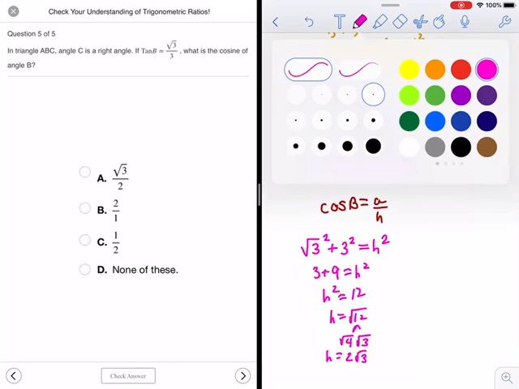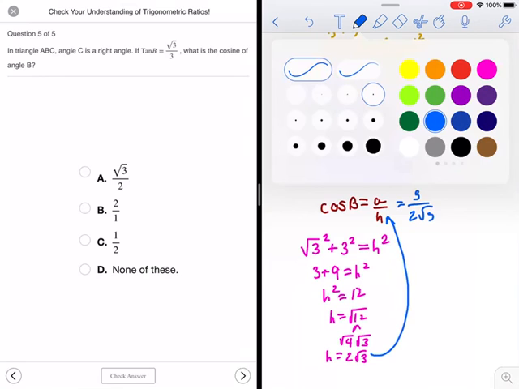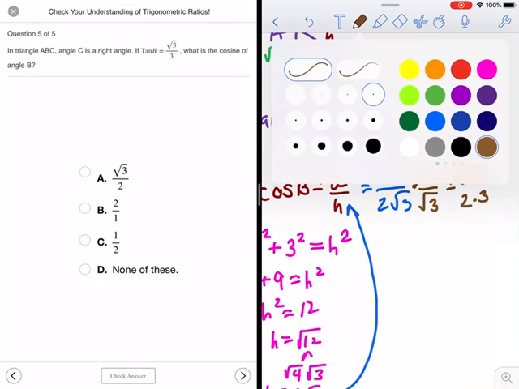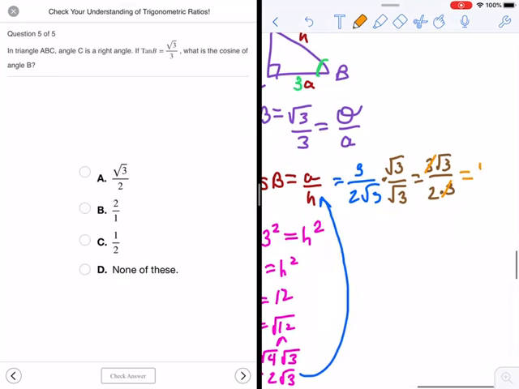Alright, so now we can plug all this junk in there. We know adjacent side's already 3. We know that's 2 radical 3. Now we gotta rationalize the denominator. This is the problem that never ends. 3 radical 3 over 2 times 3. These 3's obliterate each other, and we're left with radical 3 over 2.